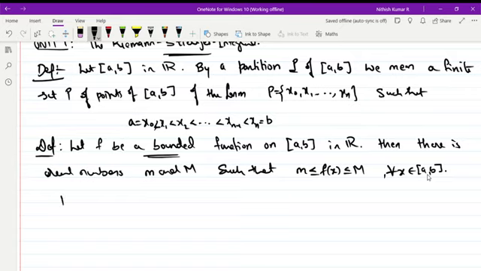So for any partition P, this is the continuation of this definition. Now you know what a partition is.